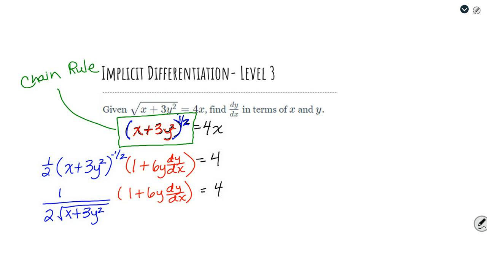Okay, now if I want to try to get the dy/dx all by itself, this is what I'm trying to isolate. I need to get rid of the 2 square root of x plus 3y squared. So I'm going to multiply both sides of the equation by 2 square root of x plus 3y squared. Multiply it on the left, multiply it on the right.